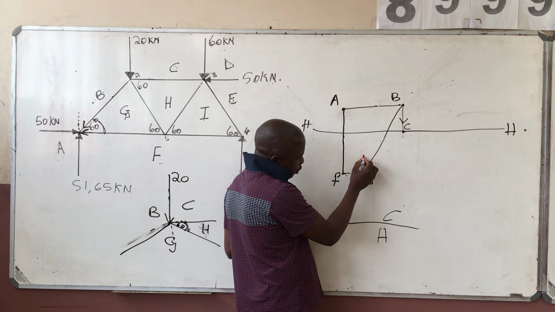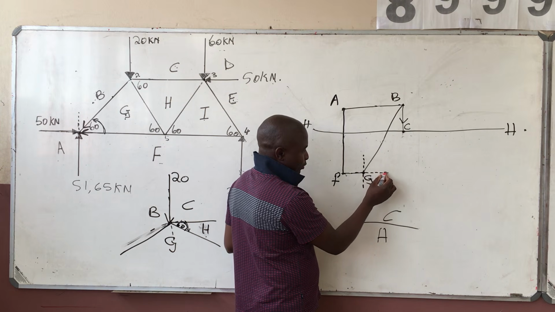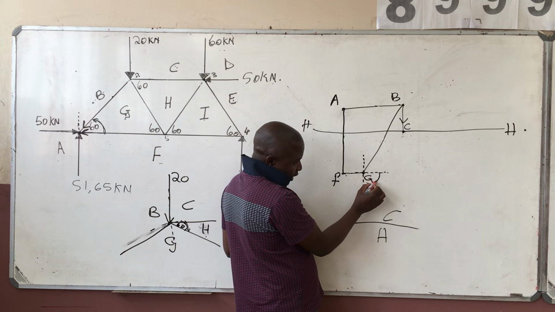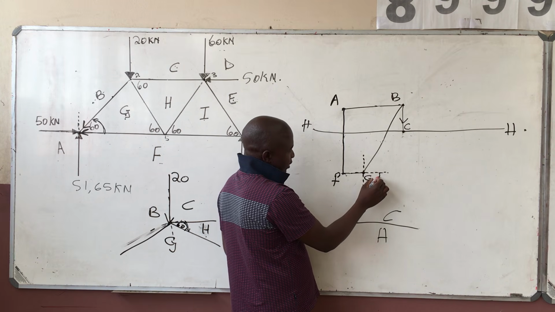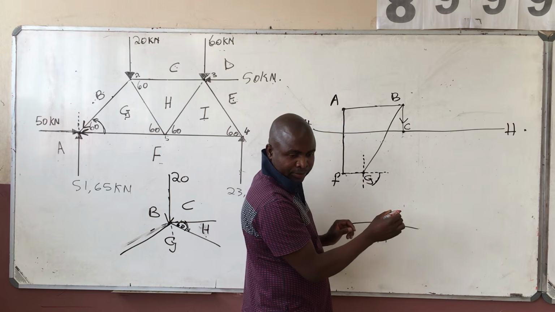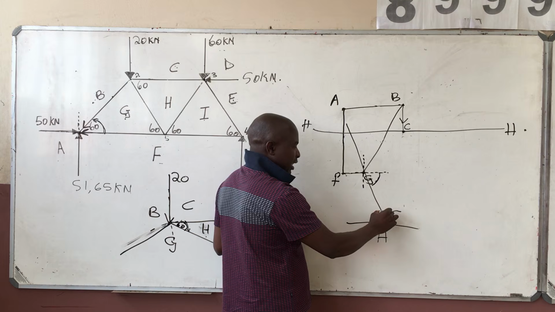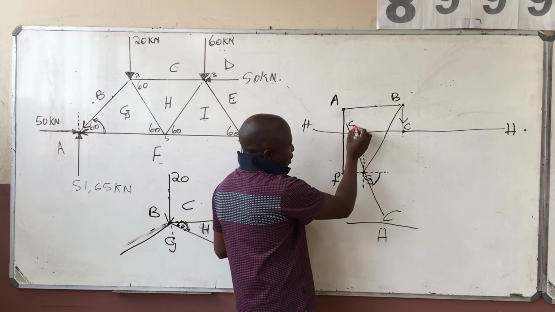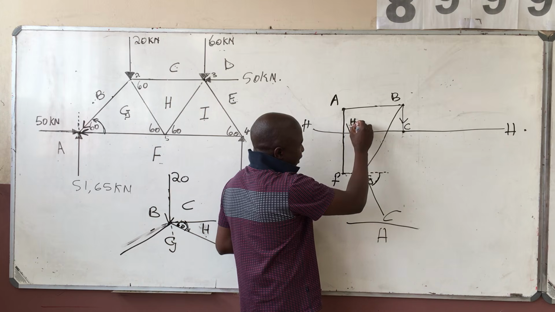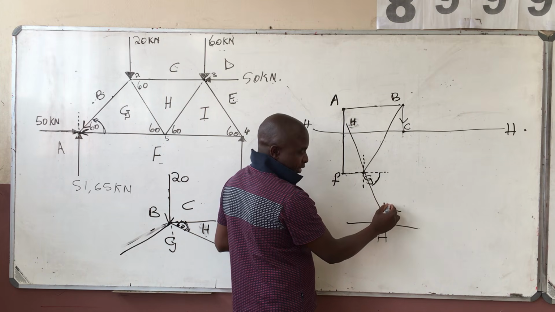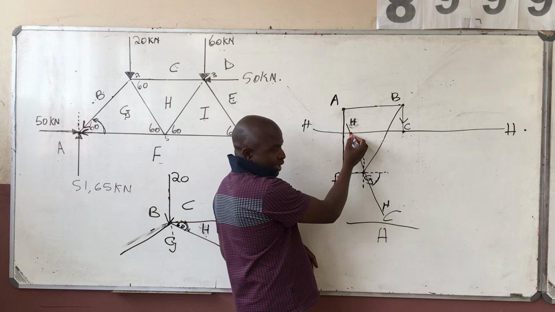So even here at G, I believe we need to connect with G. At point G, I will draw my smaller Cartesian plane, invisible. So I will measure from here going down. I measure 60. So when I measure 60, I will draw that line. Somewhere this side I have H, and somewhere this side I have H. Where do they intersect? They intersect here, right?